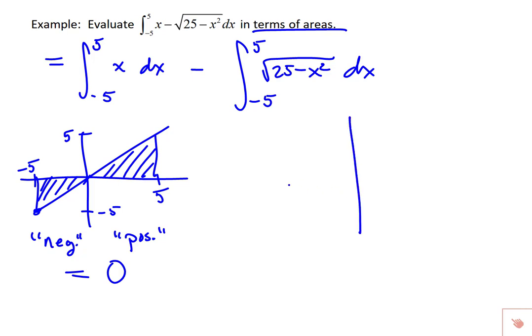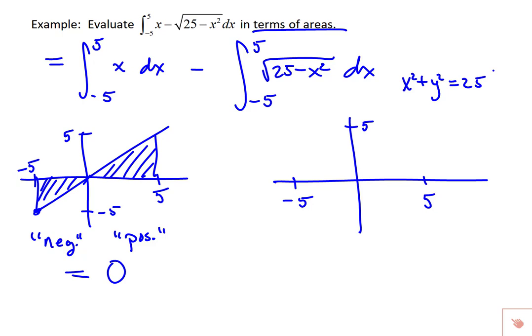If we go on to the next piece, you'll notice that this value of square root of 25 minus x squared would be, if we look at it, the top half of a circle. You'll recall that x squared plus y squared equals 25 would be the equation of a circle centered at the origin with radius 5.